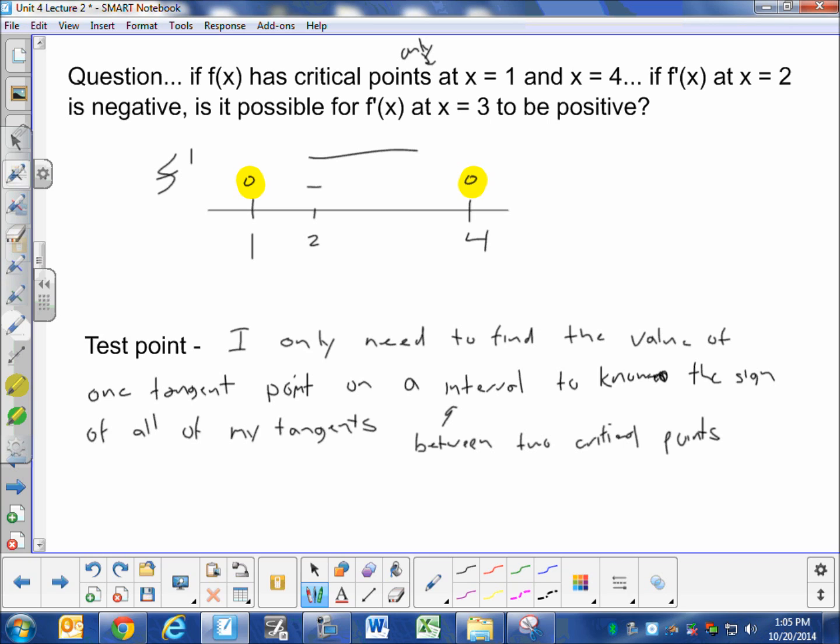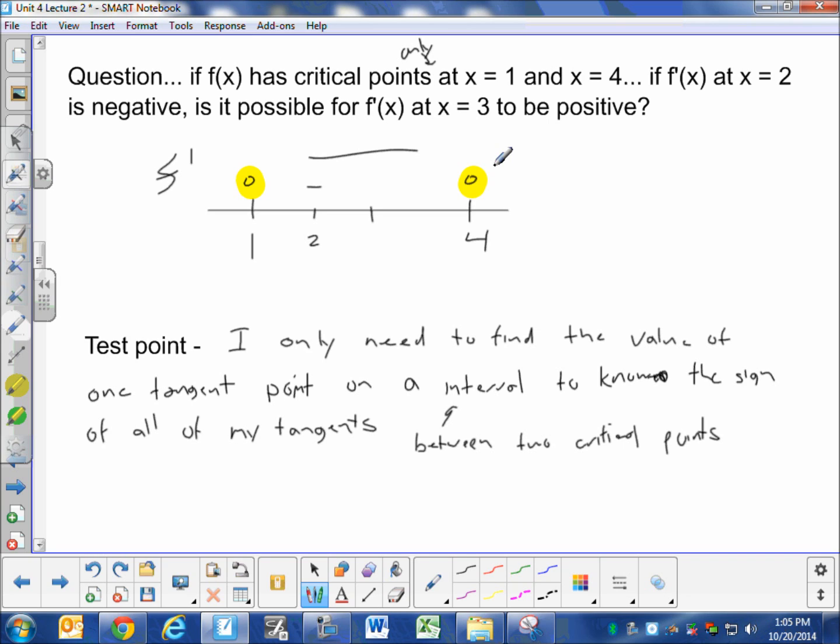If I did not find all of the critical values, well, yes, maybe we changed sign somewhere. Maybe I have another critical value here. But if I correctly found the critical values, and I know this is negative, all of them are going to be negative. That's at 1.1, that's at 3.999, that's at 3, all of those values. So that's the crucial understanding to know.